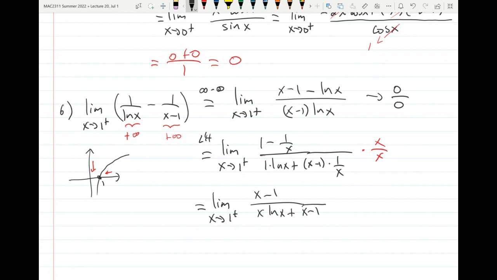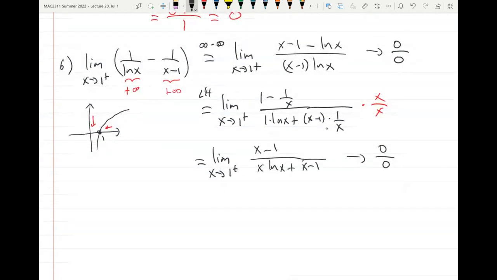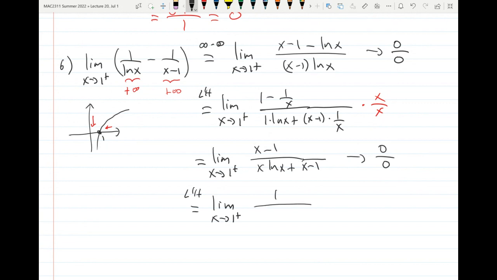Okay, so when we take this limit, what's happening here? Okay, so still we have 0 over 0, right? So I'm gonna use L'Hopital's rule one more time. So we get the limit as x approaches 1 from the right. This time the derivative of the top is just a 1.